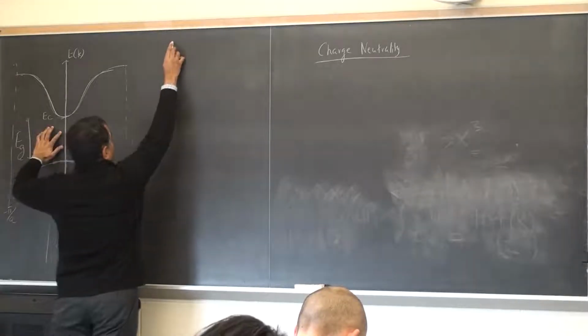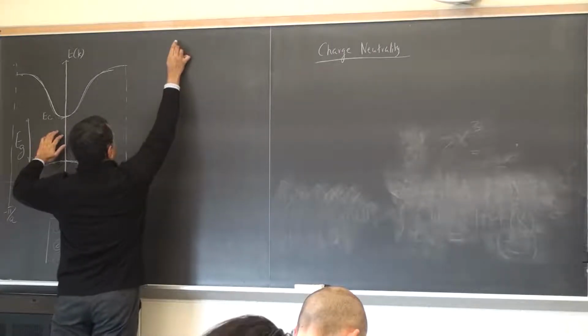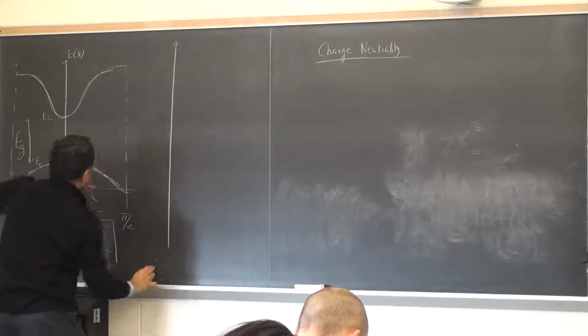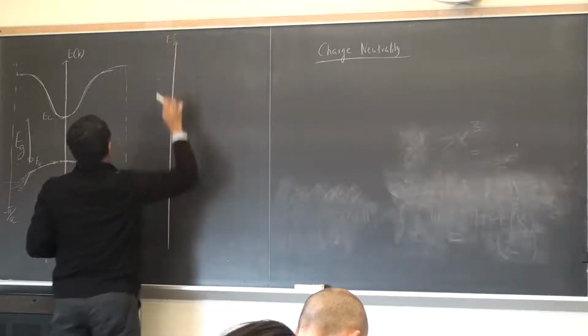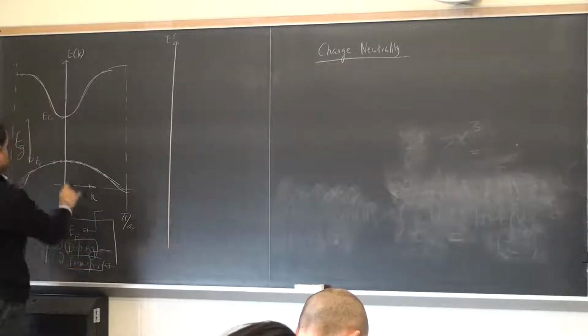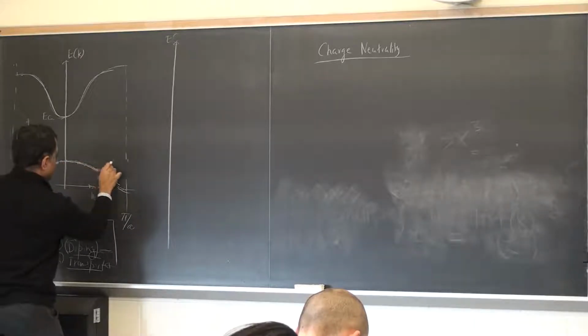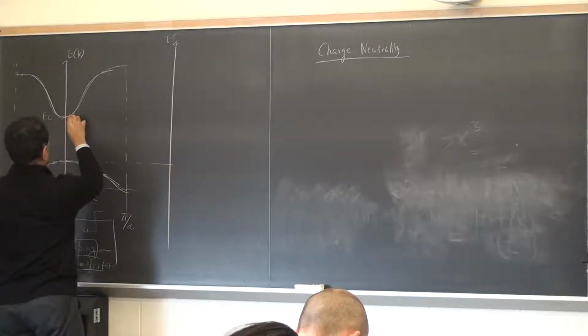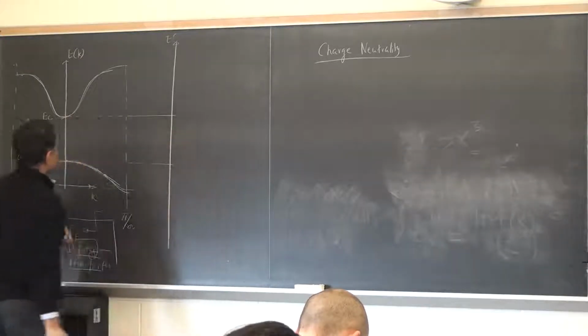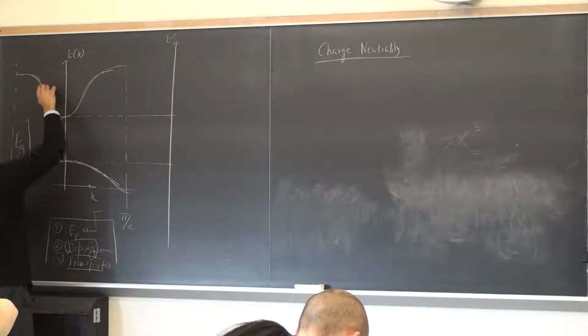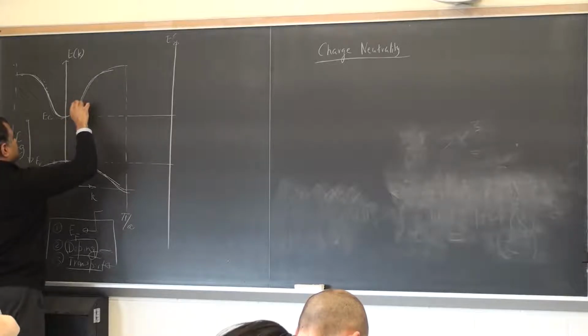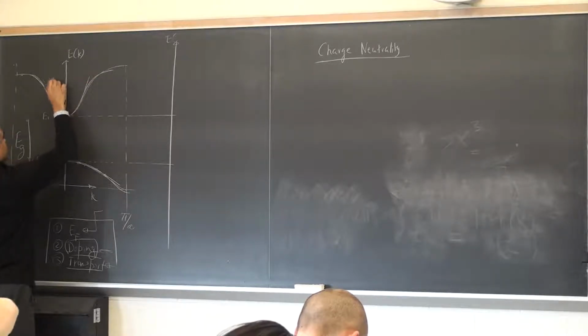Now, what are all the energy states available to the electrons in the semiconductor? I'll draw this right next to the band structure. Let's say the minimum of the conduction band here has an effective mass of m star, which I'm going to write as sub c.